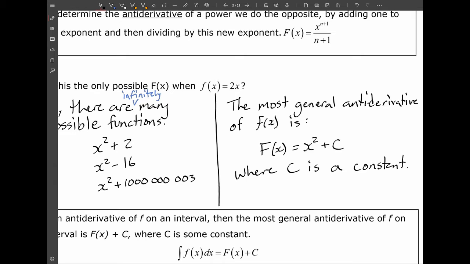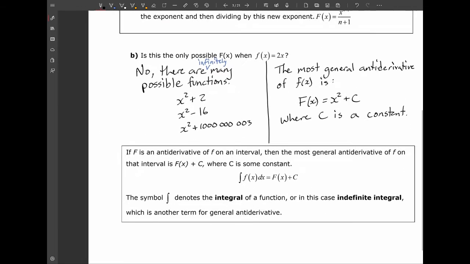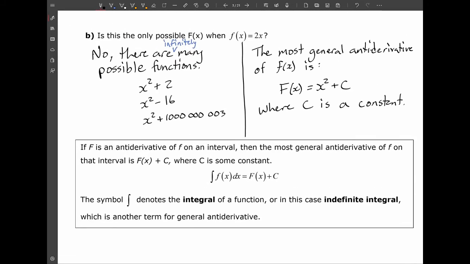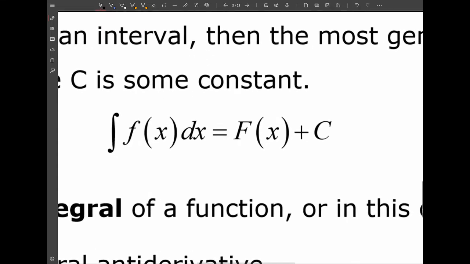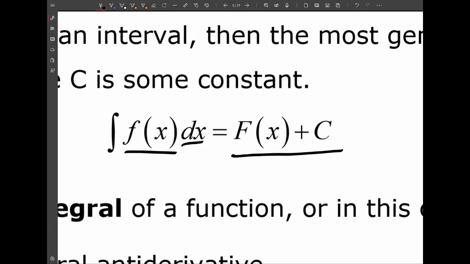And in fact, this applies to all antiderivatives. The most general antiderivative is always going to be big F of x plus c, where c is some constant, right? So we have that the integral of little f of x dx is equal to big F of x plus c.